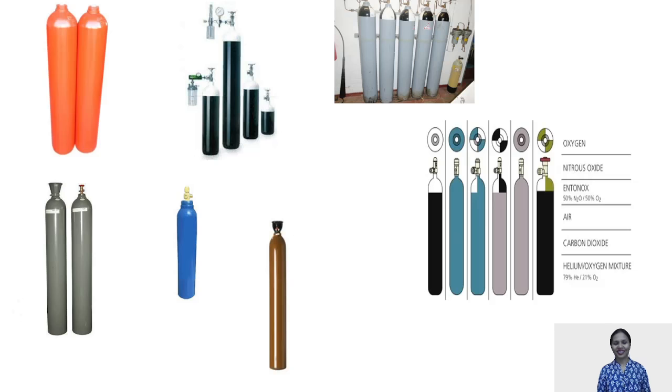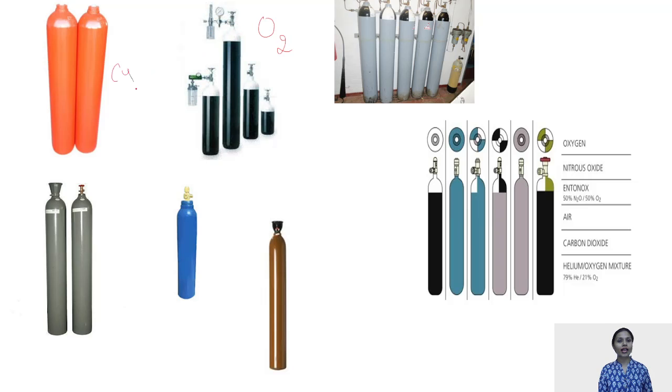So many cylinders. This orange is cyclopropane. As I told you, cyclopropane is the only inhalational agent that is delivered in the form of cylinders, while all other inhalational agents we get in the form of vaporizers. And second, black body with white shoulder, the most commonly used, is your oxygen.